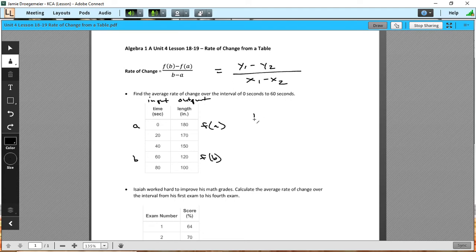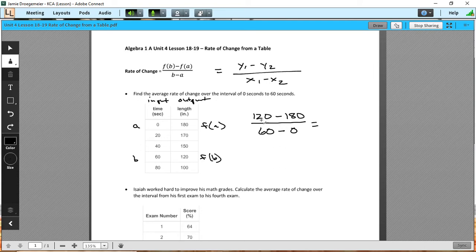We're going to take our f of b value, which we said is 120, and subtract f of a, which we said is 180. Denominator, b, our input there was 60, minus our input for a, which was 0. And now we're going to simplify.